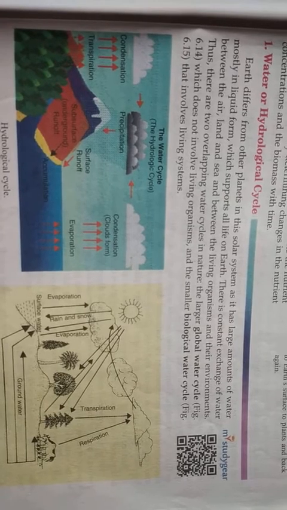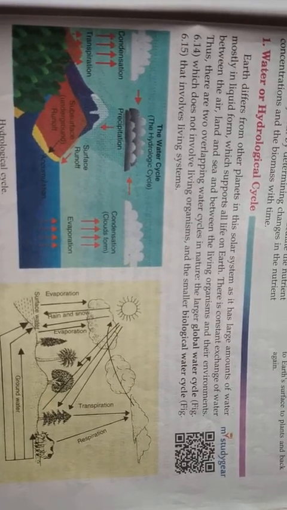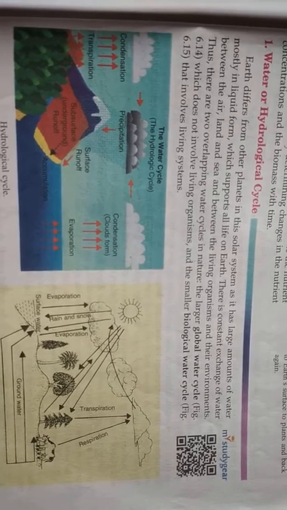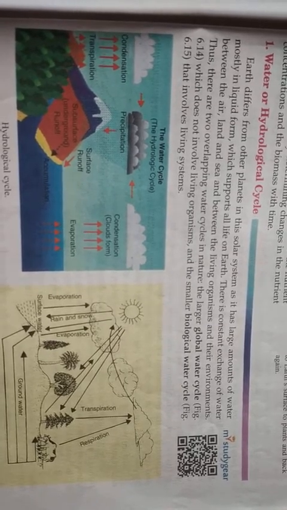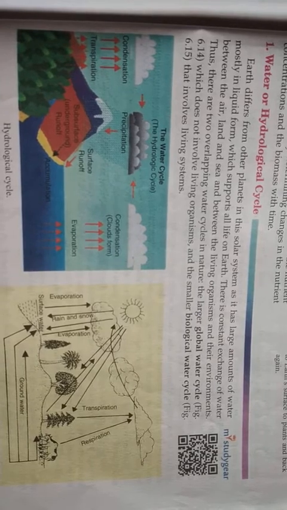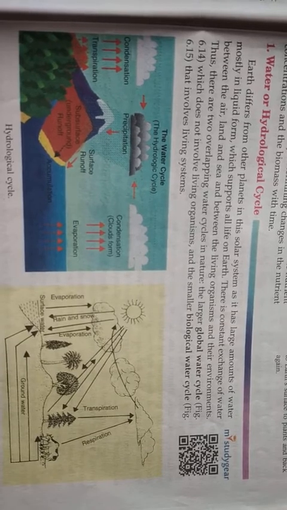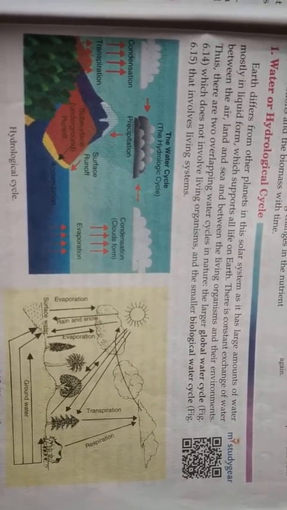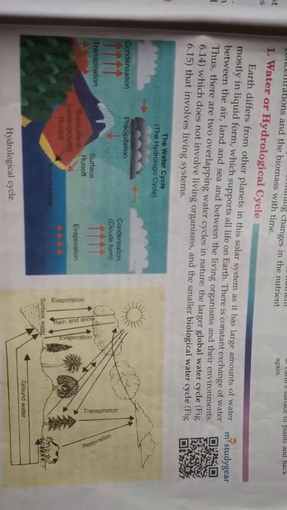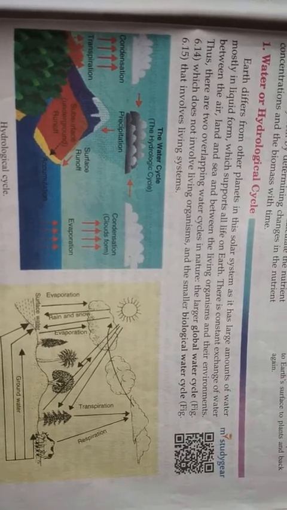Here there are two overlapping water cycles. The larger one is the global water cycle, and the smaller one is the biological water cycle. The global water cycle does not involve living organisms; there is no connection between living things and the global water cycle.